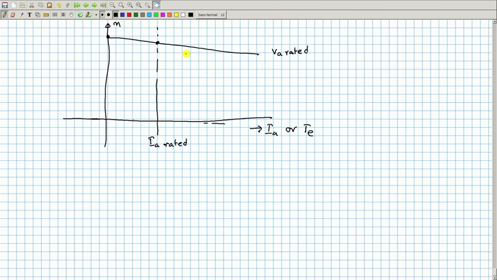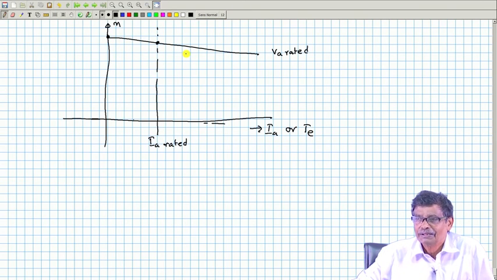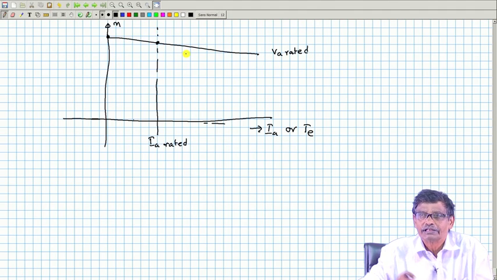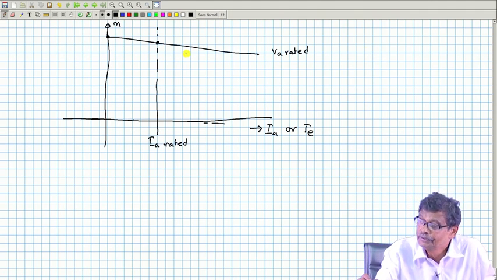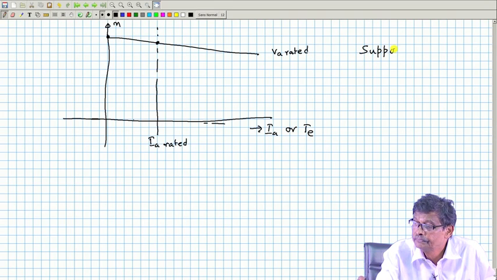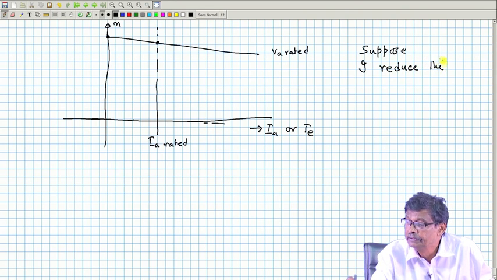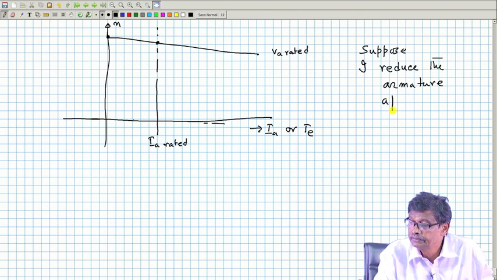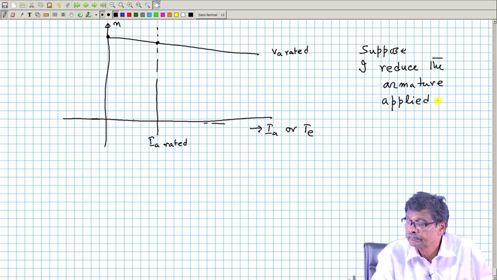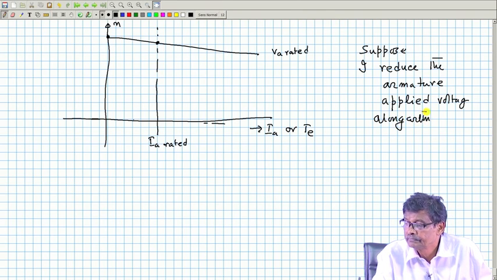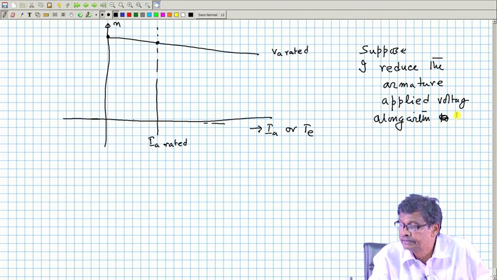Now, suppose I reduce the armature applied voltage, but along with it the load torque demand is increased.